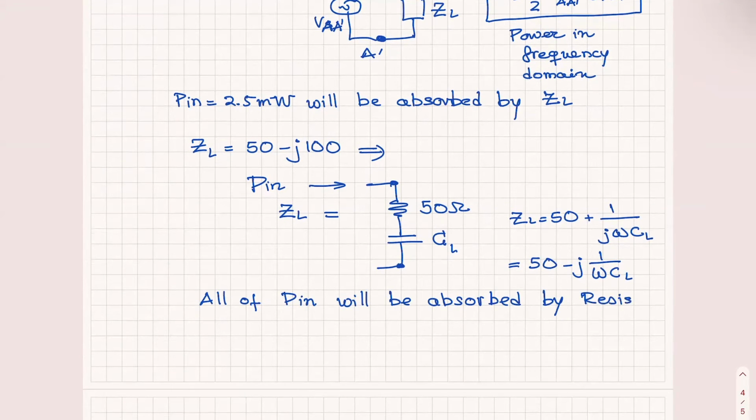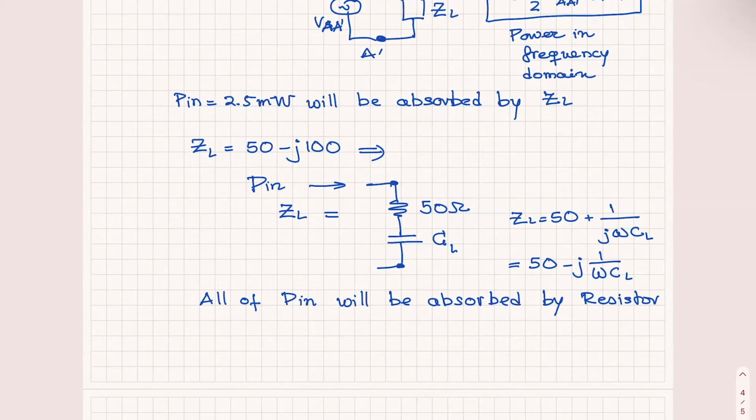Why is it only going to the resistor? Because the capacitor does not absorb real power, it only absorbs energy, and energy in the frequency domain is like an imaginary number. So all the real power is absorbed by resistors, or by an antenna, for example, which is equivalent to a resistor.